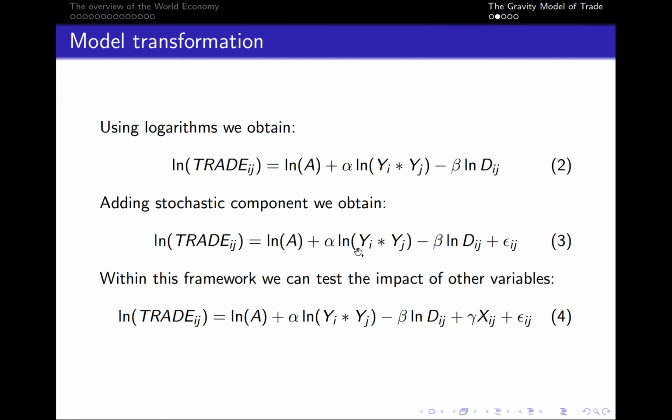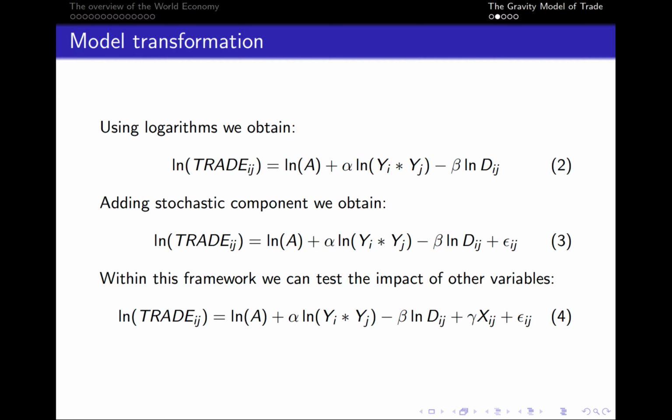Once we've accounted for the sizes of GDP of two countries and the distance between them, so for transportation costs, it is really easy for us to examine the impact of other variables without having much to worry about omitted variable bias and a lot of collinearity that those variables would have with these two main forces behind bilateral trade.